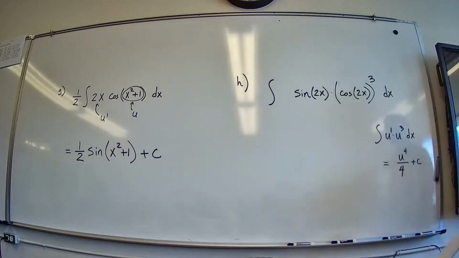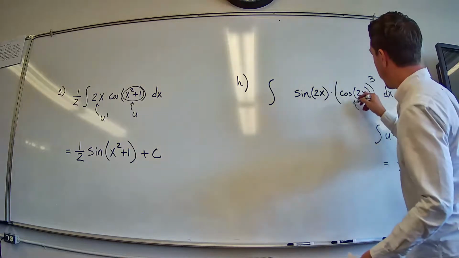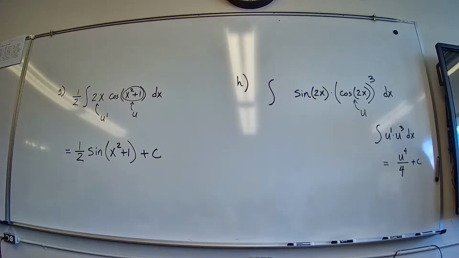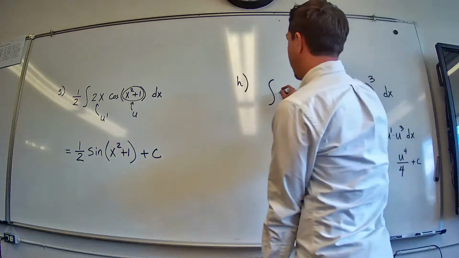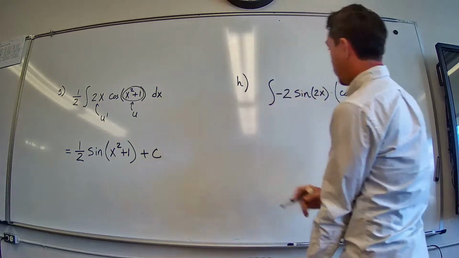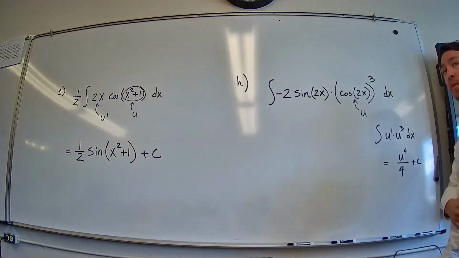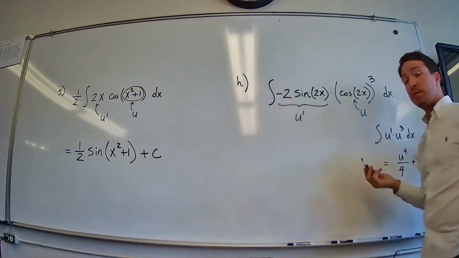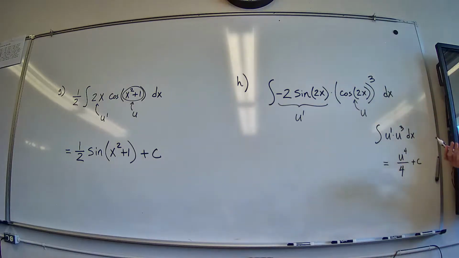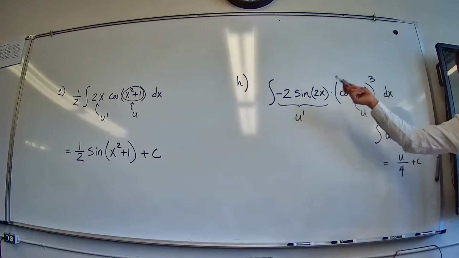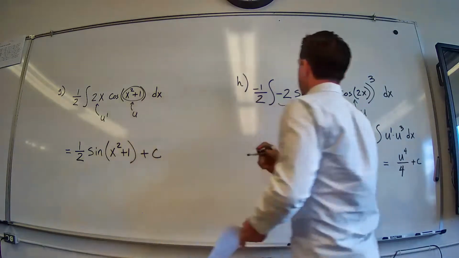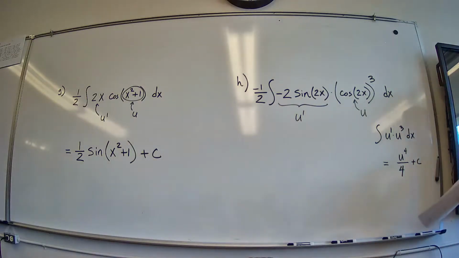So let's look at this. If this whole thing here is the u, u prime would be negative 2 sine of 2x, right? Do we all understand that? I'm not done yet. I also have to put a negative 1/2 out here to balance it.